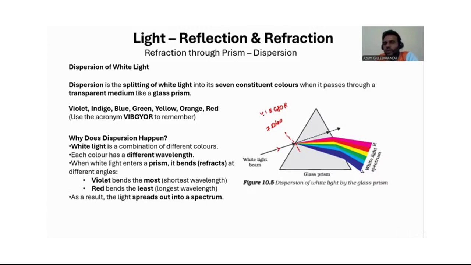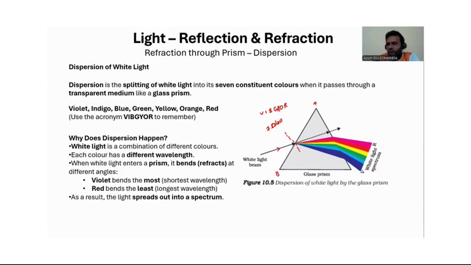So when we have different wavelengths, when it refracts through the prism, at the first interface AB, the violet light, which has a low wavelength, deviates more compared to indigo, blue, green, yellow, while red and orange, which have a greater wavelength, bend less.